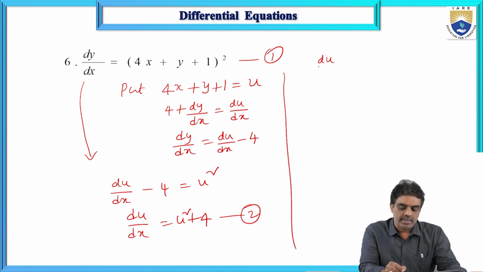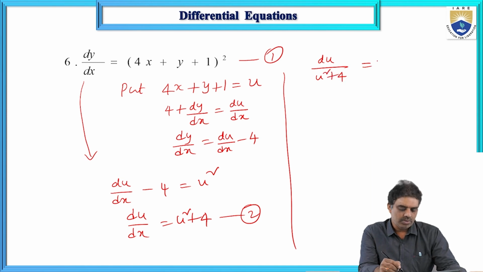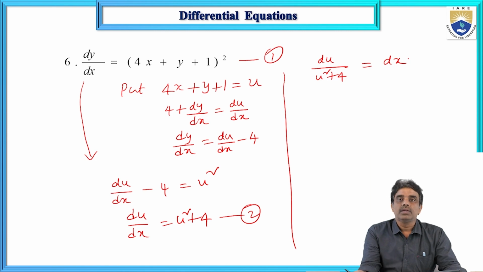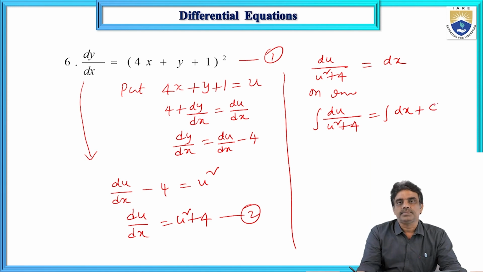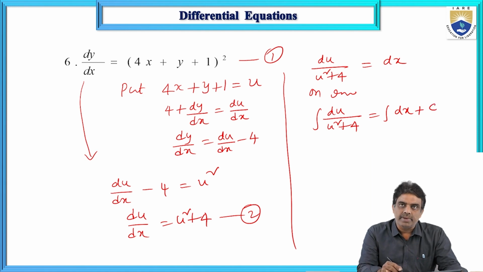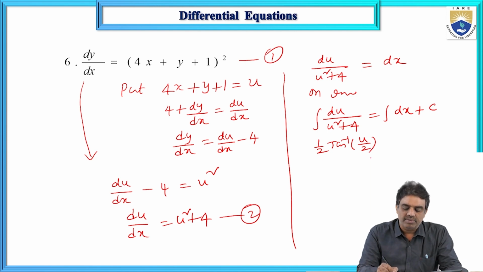On separating, du by u square plus 4 is equal to dx. So now on integrating both sides, integral du by u square plus 4 is equal to integral dx plus c. It is looking like 1 by x square plus a square dx, that is 1 by 2 tan inverse u by 2, using the formula 1 by a tan inverse x by a.